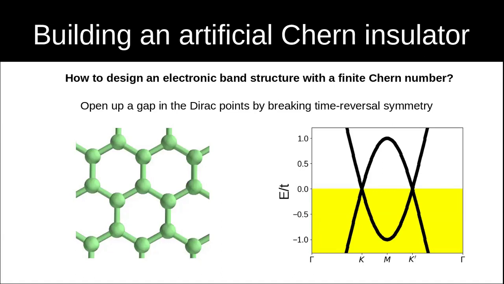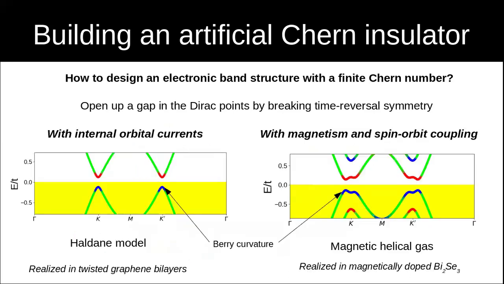And of course, one of the lattices that shows this Dirac equation is the honeycomb lattice. So if you take the honeycomb lattice and you open a gap in the Dirac points by breaking time reversal symmetry, then you will get a Chern insulator. And there are, of course, many ways of breaking time reversal symmetry in the honeycomb lattice.